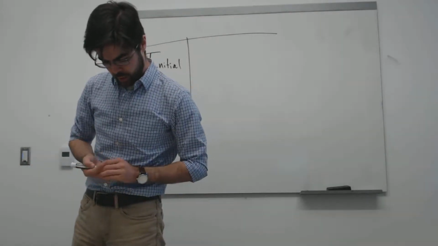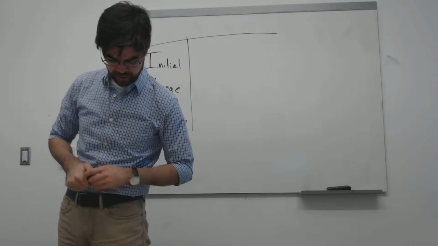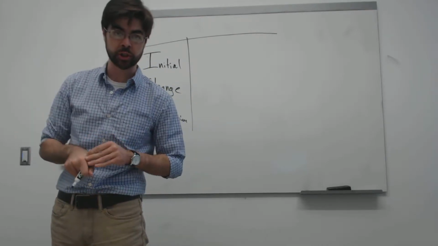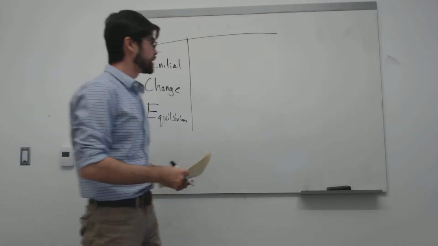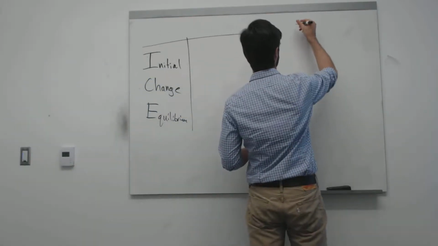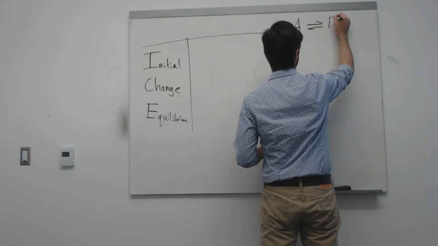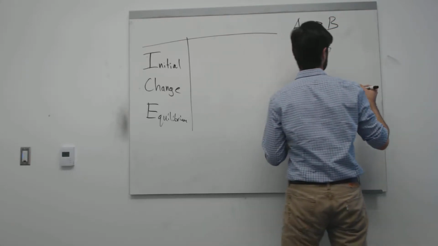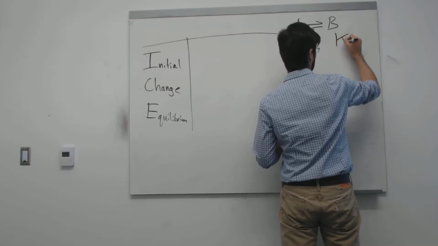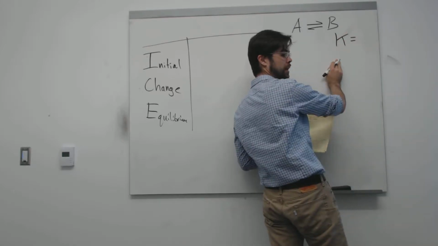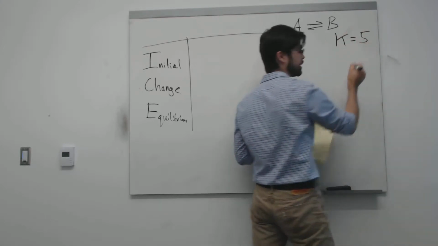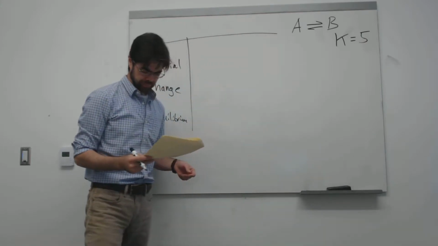So here's a very simple example, in terms of the structure of the reaction, which is A in equilibrium with B. And since we will need some numbers here later on, I will tell you that the equilibrium constant for this reaction has the value of 5.